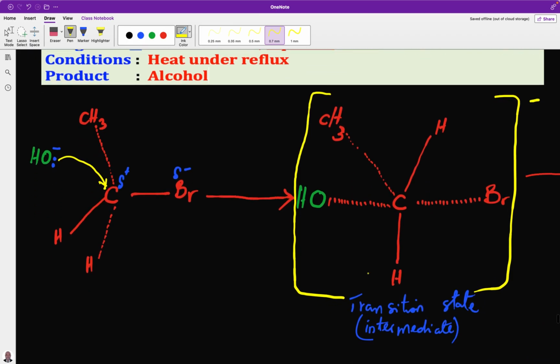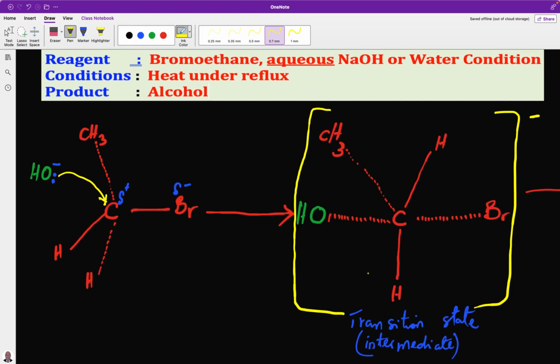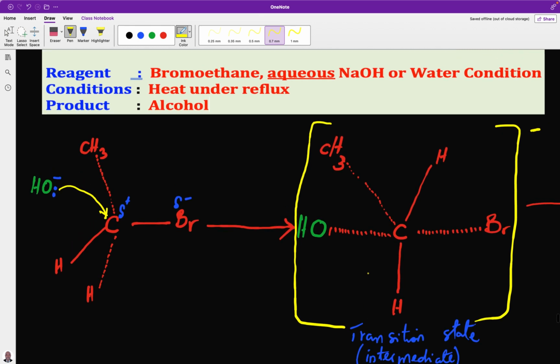We said this is being heated under reflux, and in the course of heating it, the hydroxide that results from dissociation of the sodium hydroxide will act as a nucleophile.